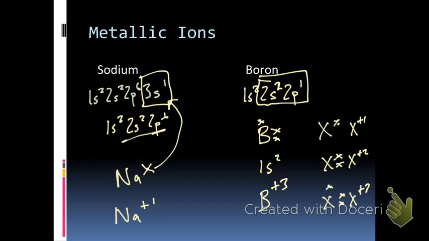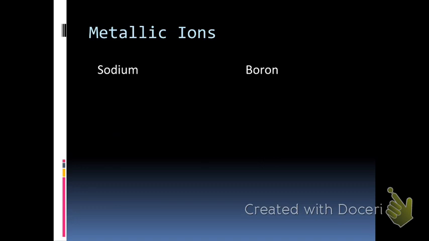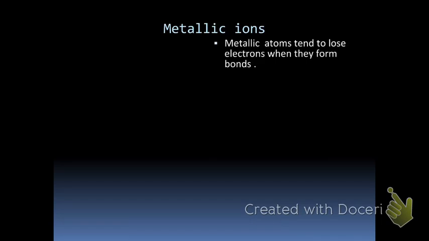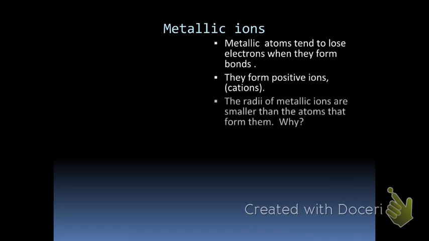So all metals tend to lose their electrons to become more stable. Metallic ions tend to lose electrons when they form bonds. They form positive ions, which are called cations. And their radius is smaller than the atoms'.